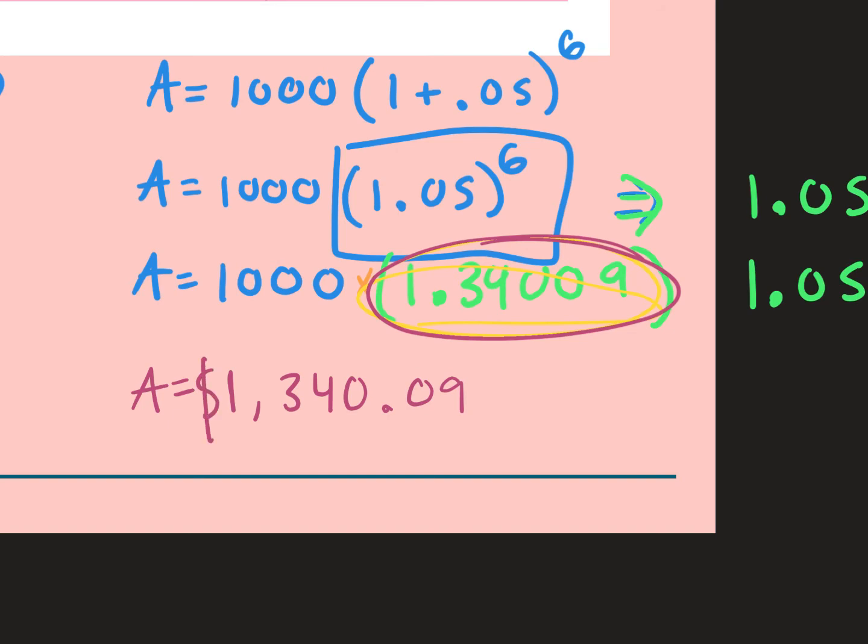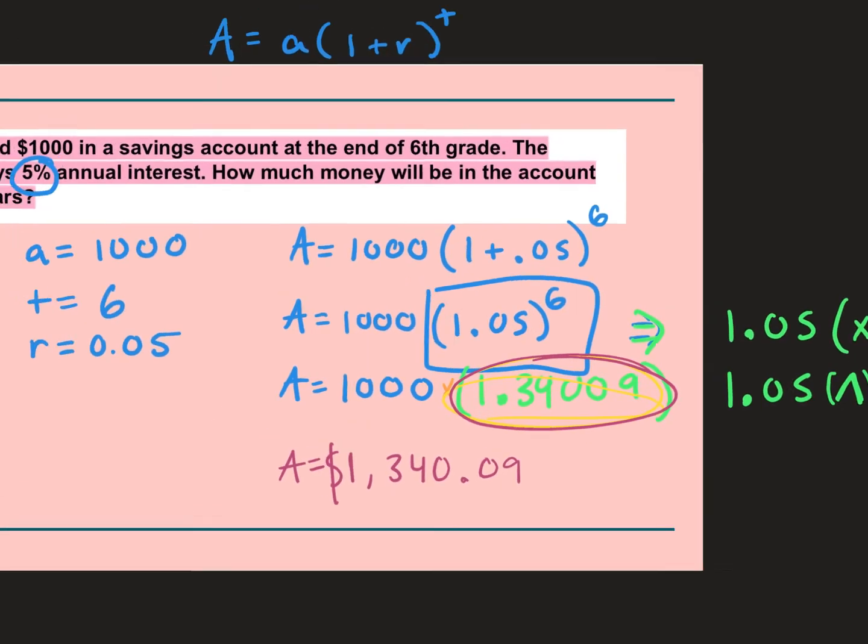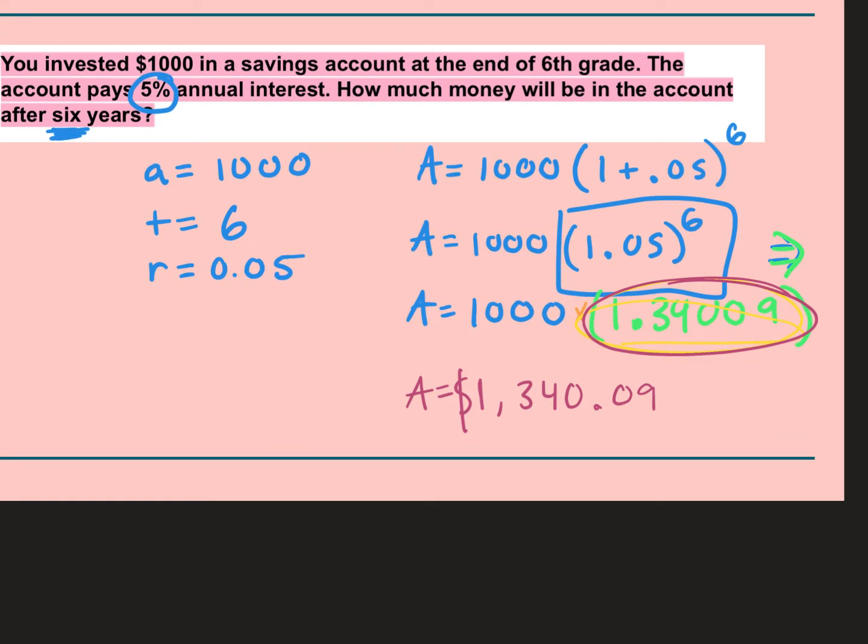When we're dealing with money, we want to keep 2 decimal places. So if this was the test and you didn't put the .09, you would probably get it wrong. You'd get partial credit. You got to keep your decimal places here.